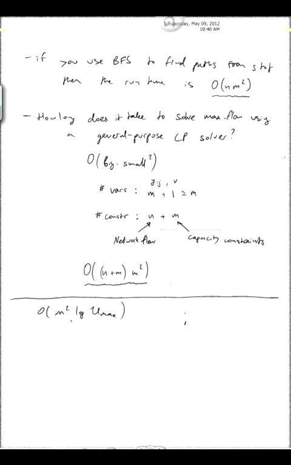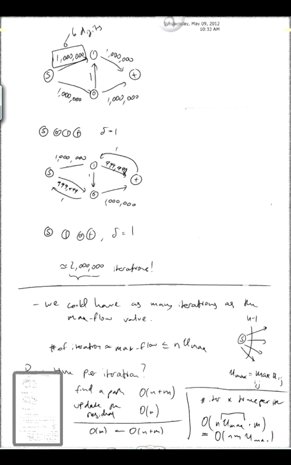So here we substituted that Umax for log of Umax. And so going back to this bad example, the runtime here would be something like the order of 6 because the log of a million is about 6. So we're getting back to that area where we're not exponential in the size of the input. You still have a reasonable polynomial of the size of the input.